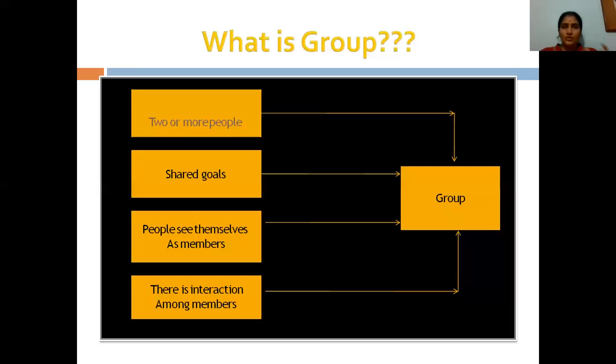They see themselves as coordinated members of that team or group, and there will be interaction among those members, like what is to be done, how it is to be done, when it is to be done. All these interactions will take place for achieving the shared goals. So this constitutes a group.